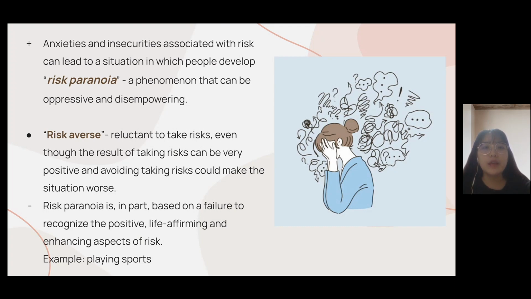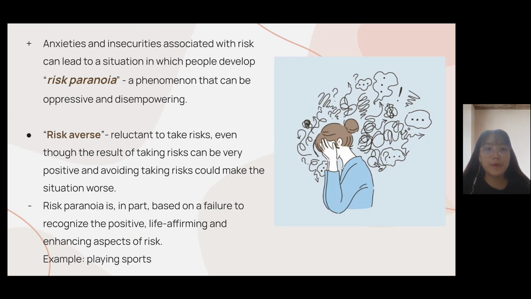However, if you took the risk and played the sport, there would also be positive sides of this risk, like you would become stronger, healthier, or maybe you can even become a professional player in any kind of sports. And that is the positive benefit of taking risks.